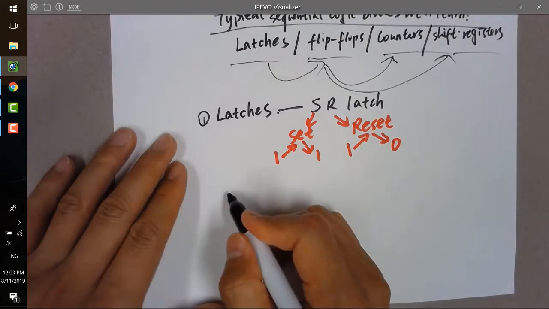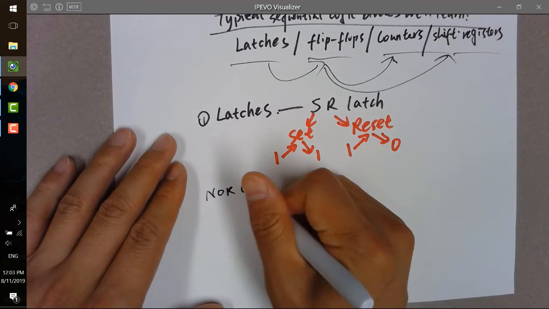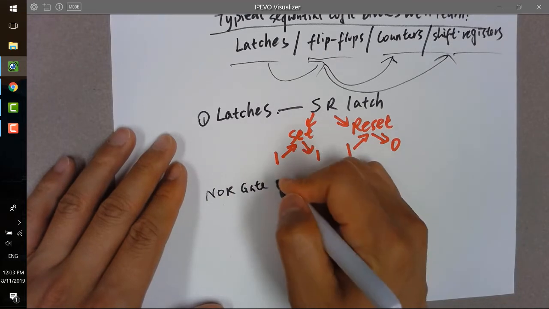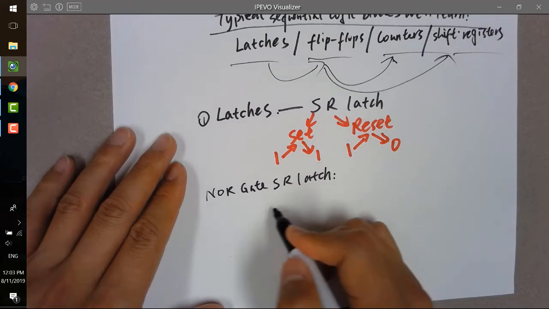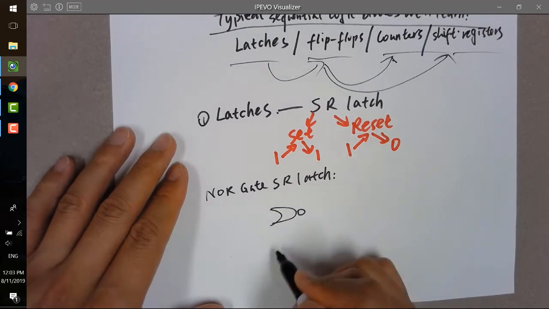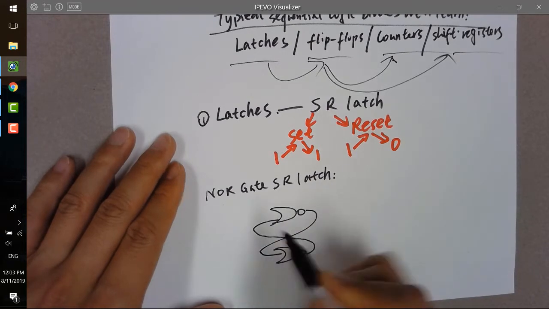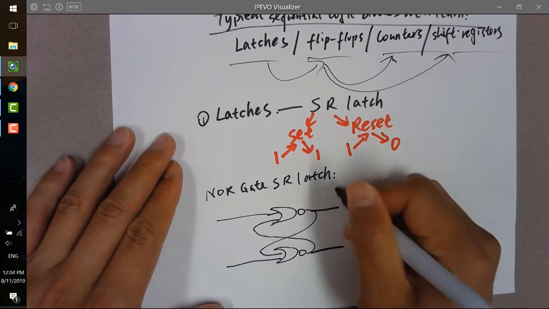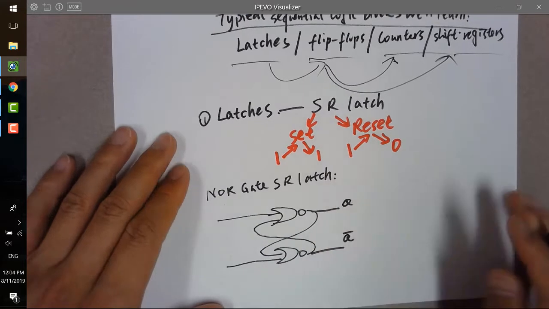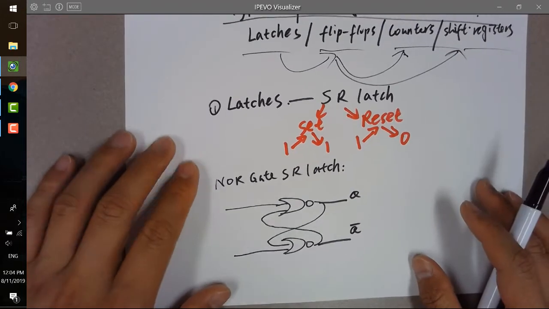Then there's the NOR gate SR latch. Let's take a look at this circuit first. You need one NOR gate and another NOR gate, with this one fed back to there and this one fed back to there, and you have two inputs here. You call this one Q and this one Q bar. Now here's the first question.